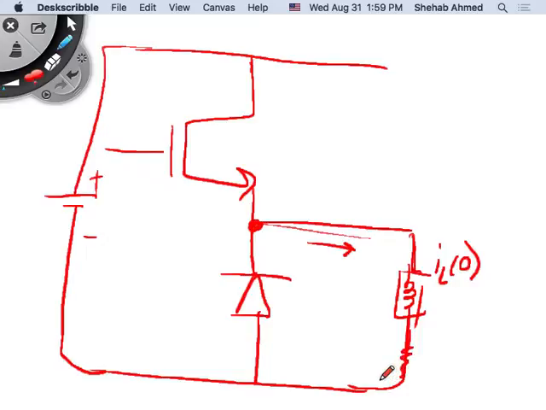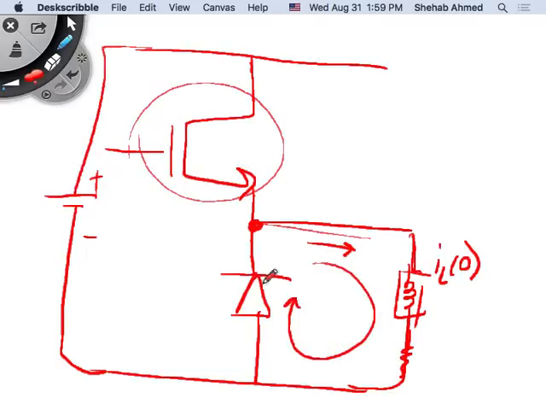So if I have an inductive type current, what's going to happen as soon as I open this switch? As soon as I open this switch, the current will start to flow in this loop through the diode. It just keeps flowing here until the energy that's in the inductor dissipates in the resistor. That's how this circuit will operate if I don't do anything else, right?